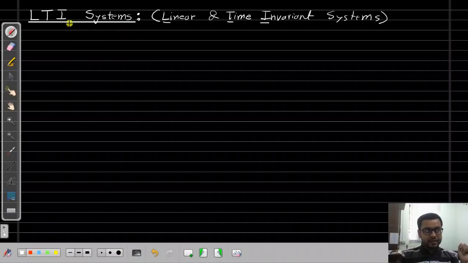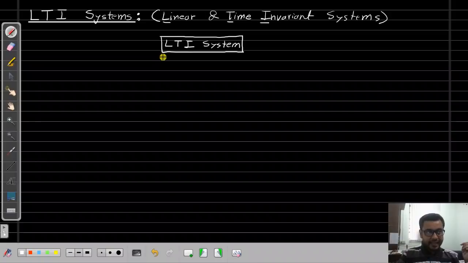Now, why is this particular type of system easy to deal with? Let us see that with an example. Suppose I have an LTI system which is initially relaxed, and our input is given.